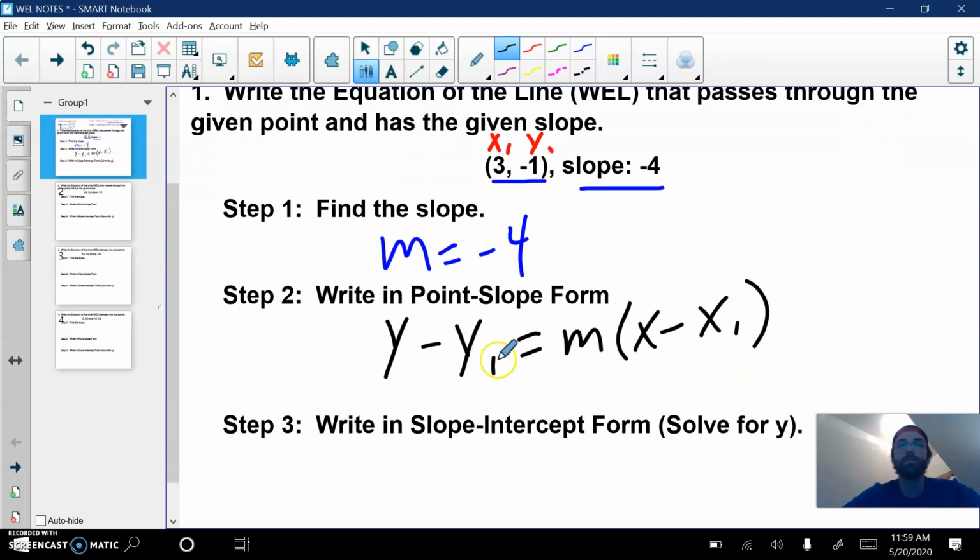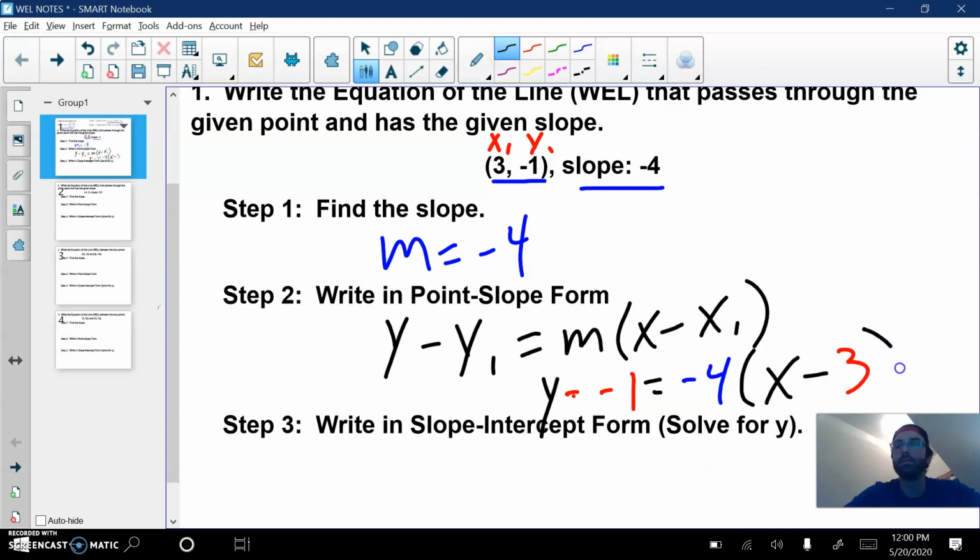Okay, so I know that, holy buckets, I could use some more space here, huh? All right, so I got y minus -1 equals m, which is -4, times x minus 3.